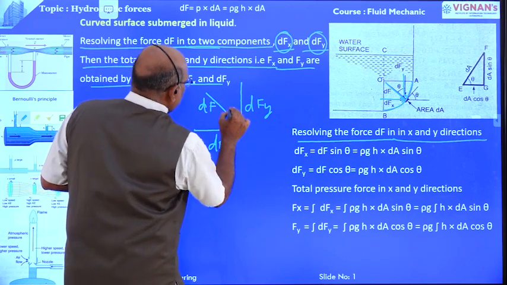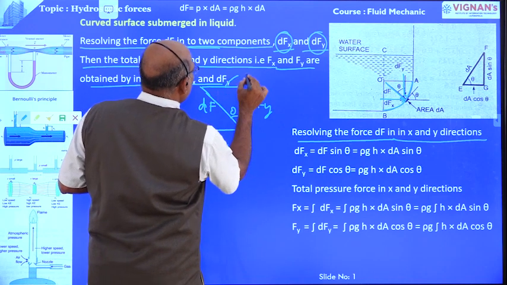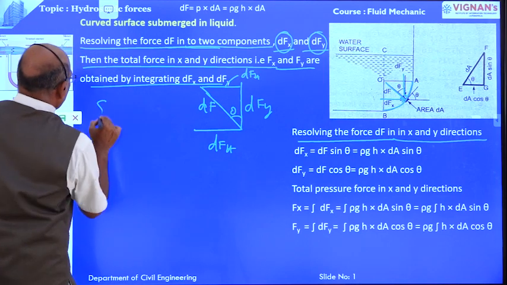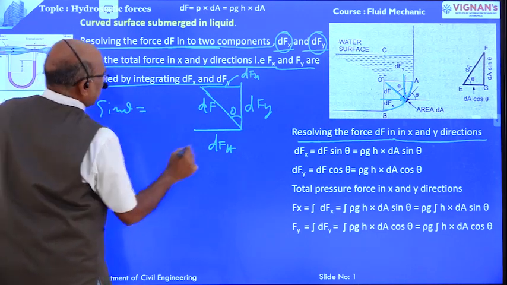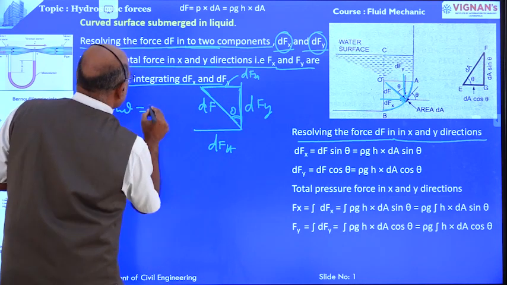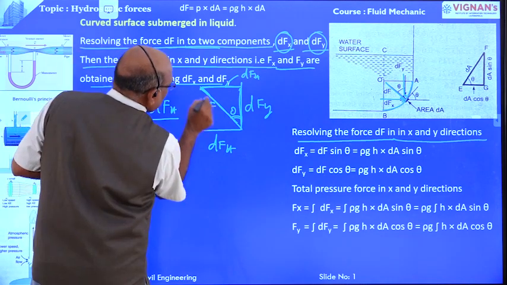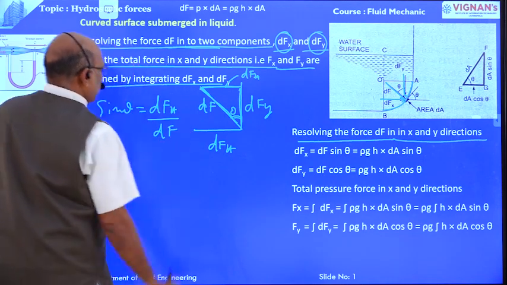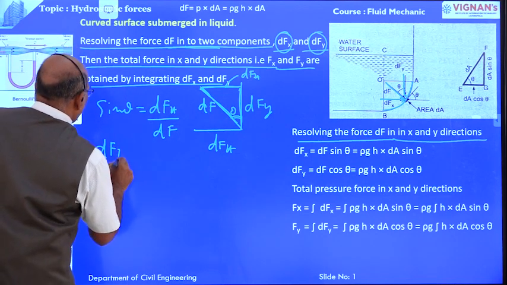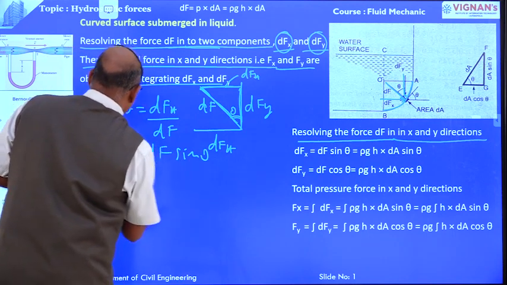This is the angle theta. Sin theta is equal to the opposite side, dFx, divided by the hypotenuse, dF. Therefore dFx is equal to dF sin theta.